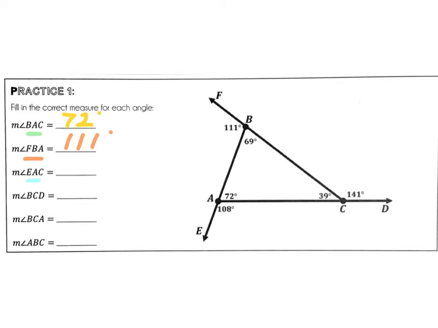Next we have EAC. E to A to C is referring to 108 degrees. So it's the measure that's right there in the center of that angle. Moving on to BCD. So I connect B to C out to D. And that's referring to 141 degrees.